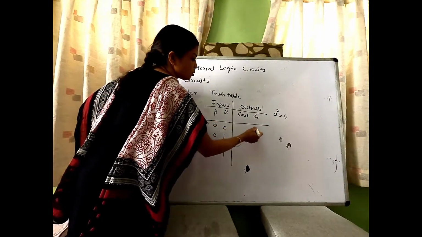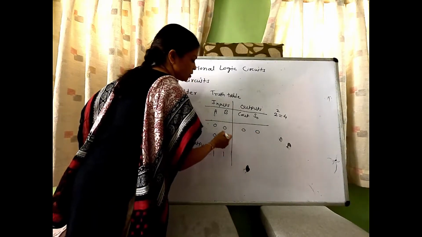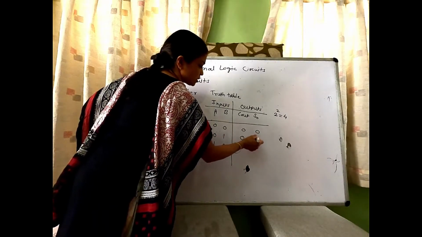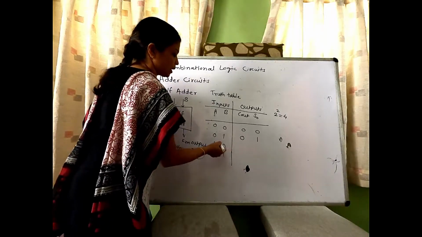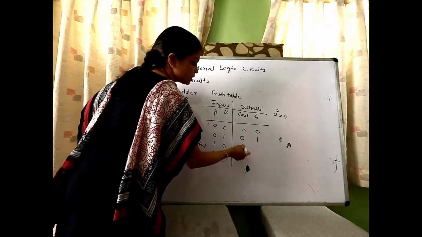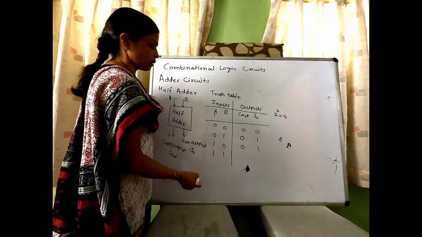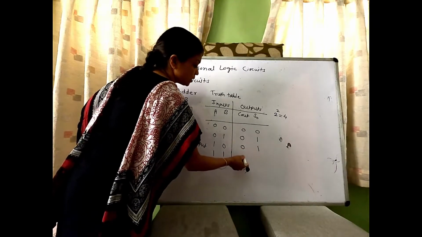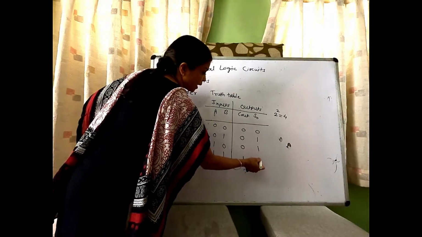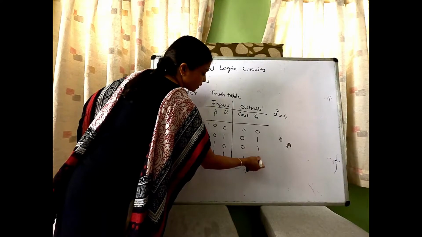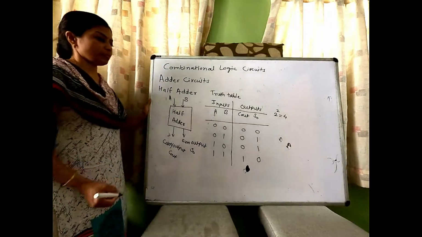So 0 plus 0 is 0 0, 0 plus 1 gives sum output 1 and carry output 0, 1 plus 0 again Cout 0 and sum output 1, 1 plus 1 gives Cout 1 and sum output 0.